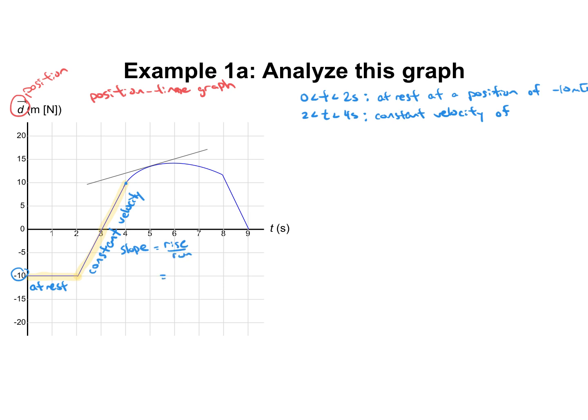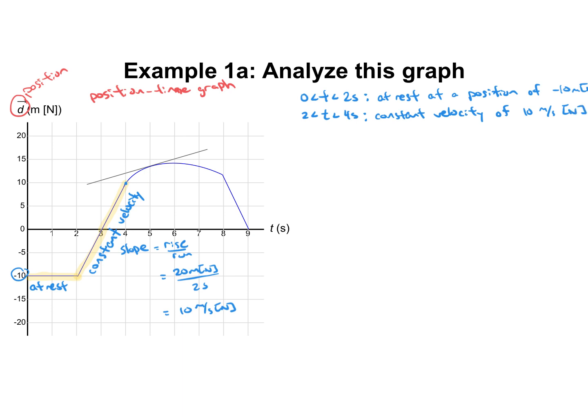And the rise, it goes from -10 to +10. So the rise is 20 meters north. And the run, it went from 2 to 4 seconds. So that's a run of 2 seconds. So 20 over 2 is 10 meters per second north. Okay, so constant velocity of 10 meters per second north.